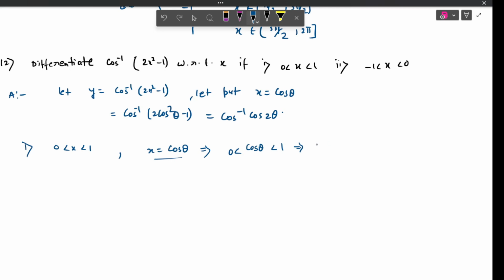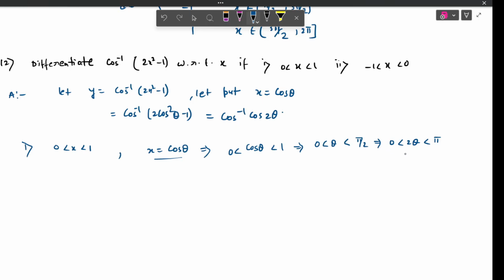Cos inverse 0 is pi by 2 and cos inverse 1 is 0. So theta lies between 0 and pi by 2. Okay. If you multiply it by 2, then you will get 0 less than 2 theta less than pi. So 2 theta lies between 0 to pi.